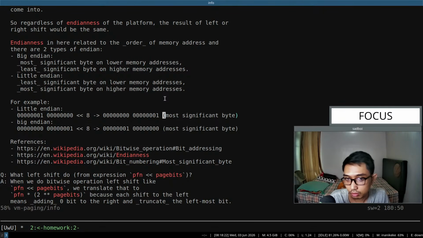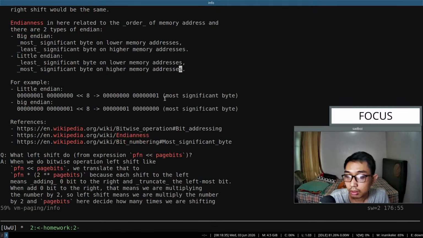Wait. What did I want to do here? Alright, I want to check which one is the higher memory address. Okay, so wait a minute.